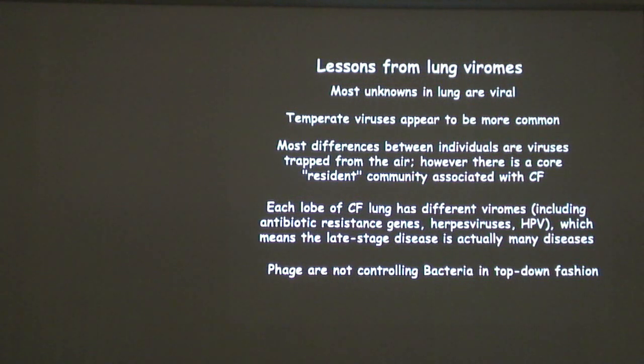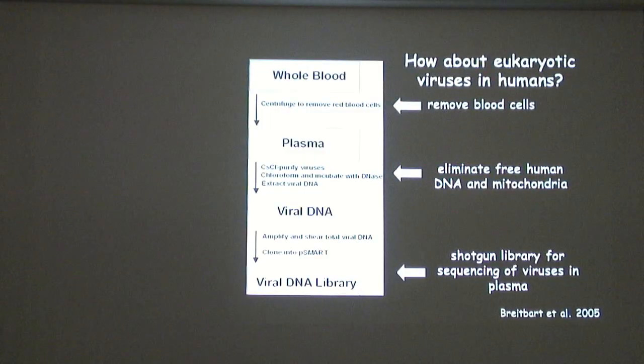We don't see as many in the younger patients, okay? And I think that's because you haven't damaged the tissue as much, so you're not getting this constant induction of the endogenous viruses. Okay? And then the phage really, at least in the biofilms, aren't working to control the bacteria.